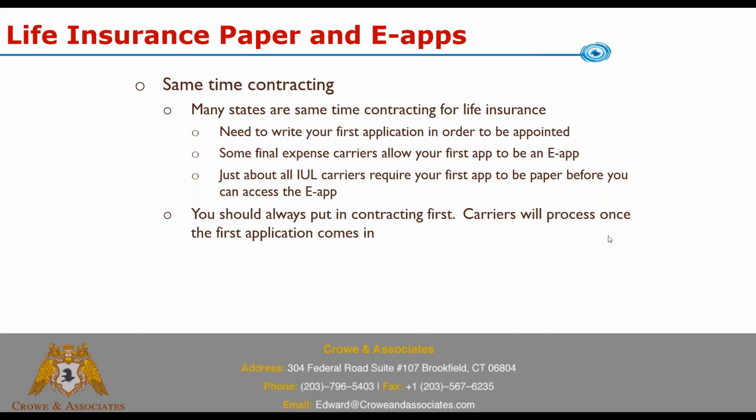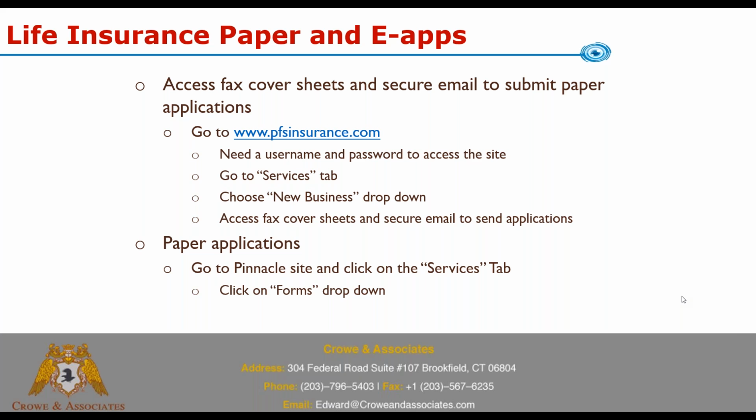Unfortunately, when it comes to IULs, terms, and ULs, a lot of times they have to do a paper app first before then on all their next applications going forward, they can use the IGO E app for that. Nonetheless, you should always put in your contracting first because just because the carrier is same time, you might as well have your contracting in so then when you write your first app, they have it there and it can be processed more quickly. A little confusing, but I just wanted to clarify that for a minute.